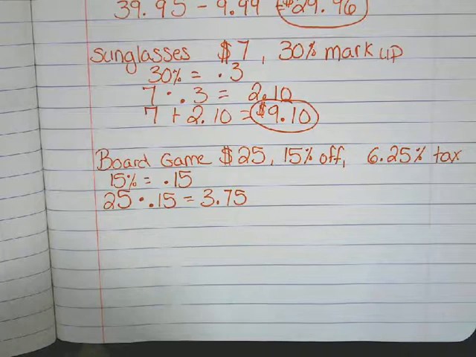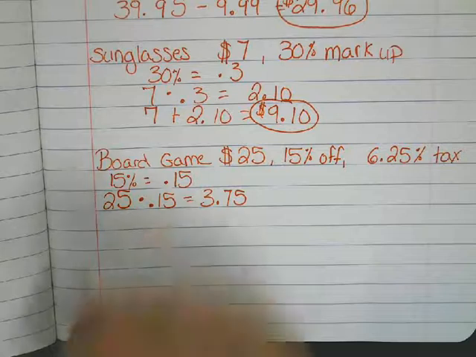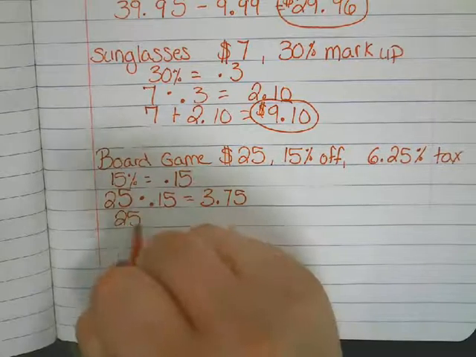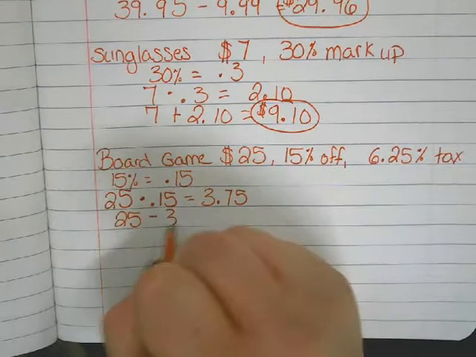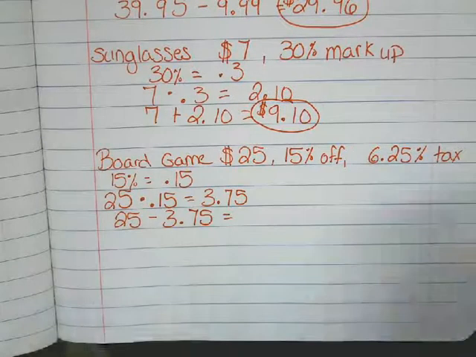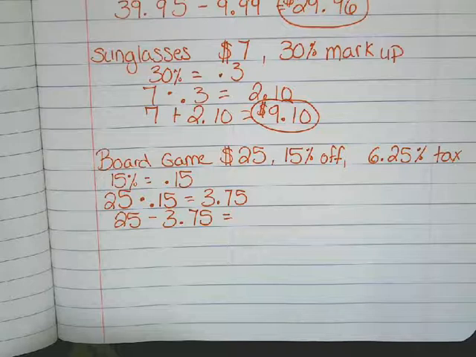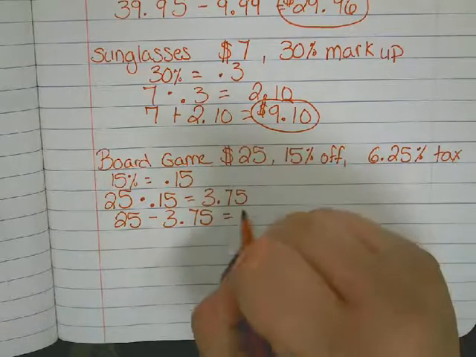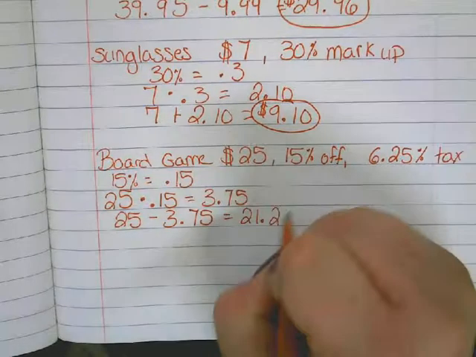Subtracting. Why am I subtracting? With the percentage off. So 25 minus 3.75. Which gives me what? $21.25. Okay? That's with the 15% off.